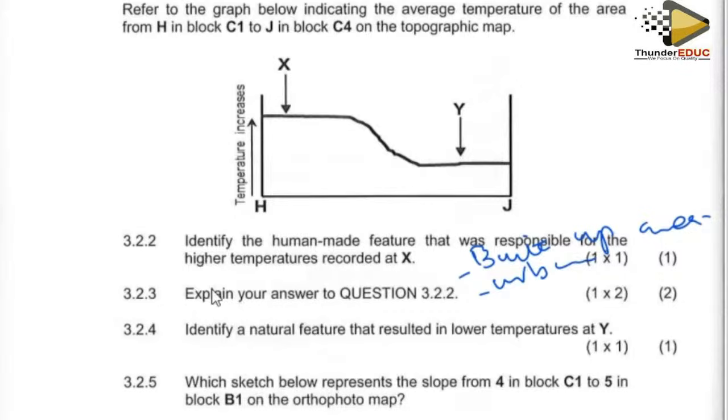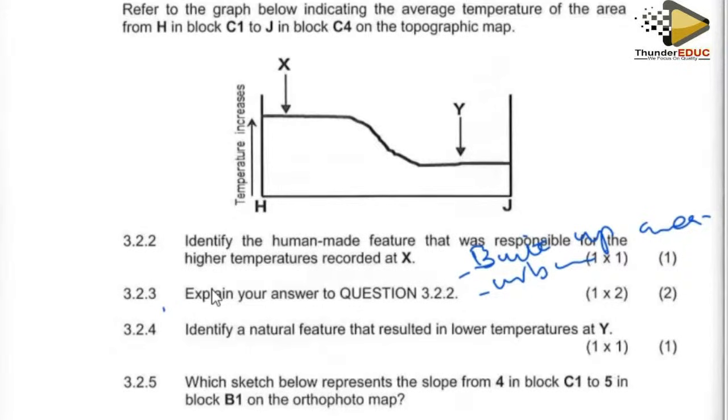Or we can say urban area. Okay. Explain your answer. Explain your answer. So we say that's why the human made picture built up or a city built up area.